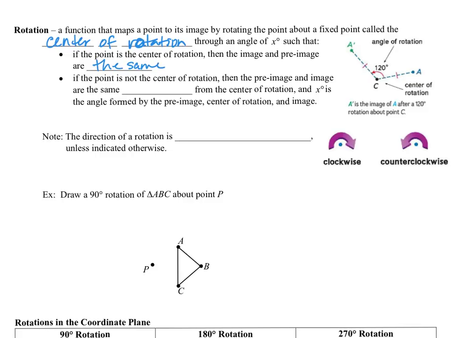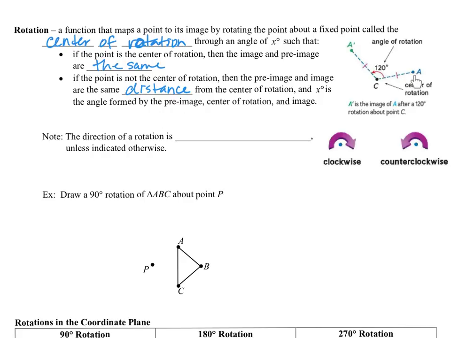But if the point is not the center of rotation, then the pre-image and image point are the same distance from the center of rotation, and x degrees is the angle formed by the pre-image, the center of rotation, and the image. So let's look at an example so all these words will make sense.